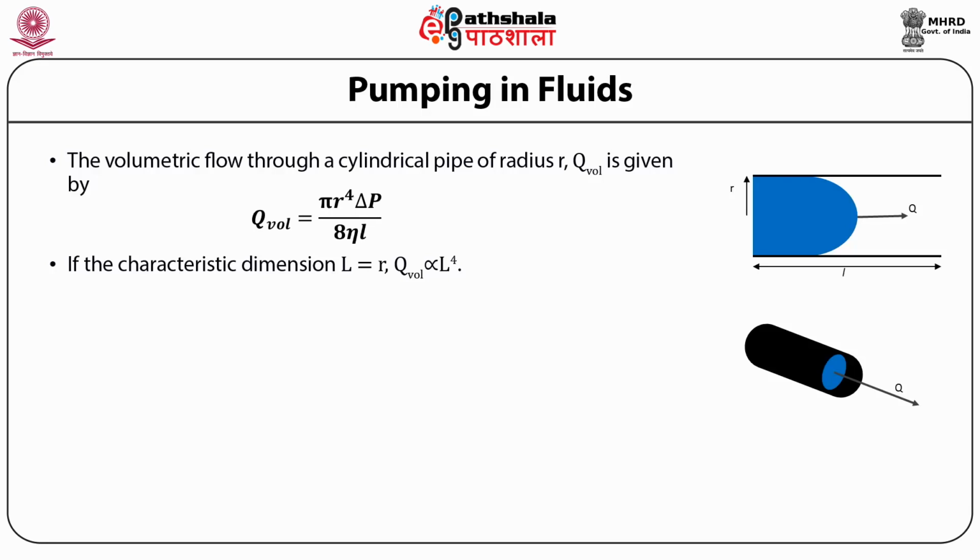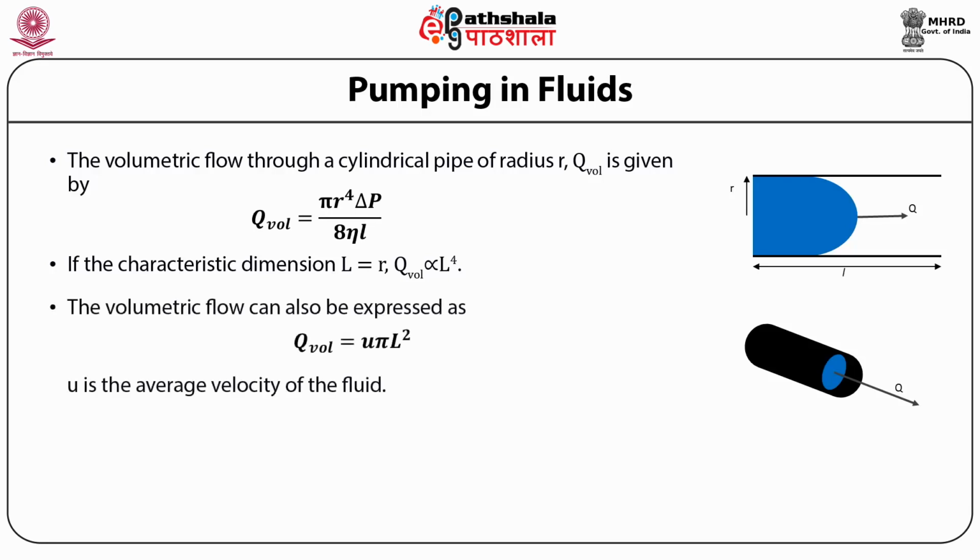So now the next is the volumetric flow, which can also be expressed as Q volume equal to U multiplied by pi L square, where U is the average velocity of the fluid and pi L square is the cross-sectional area of the pipe.